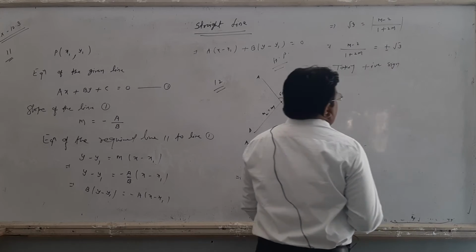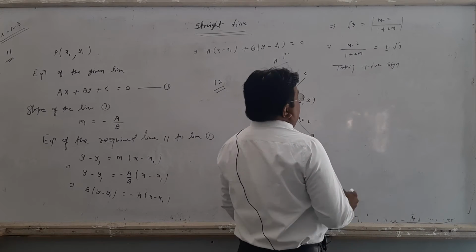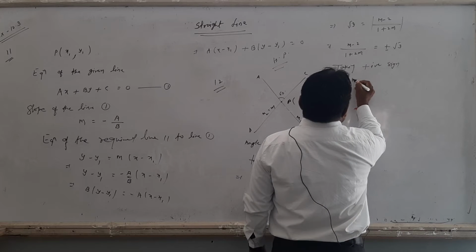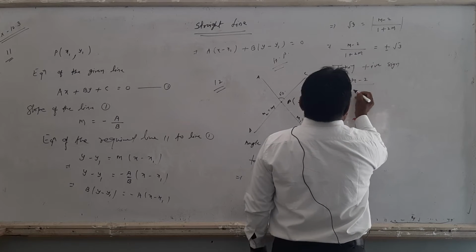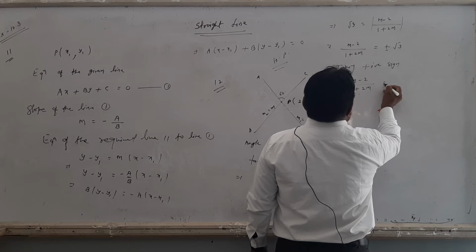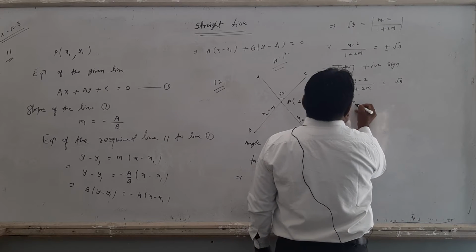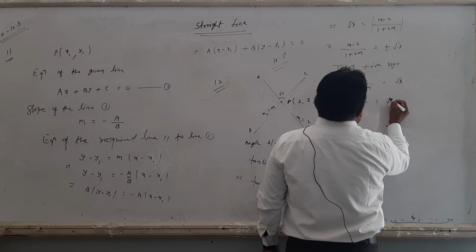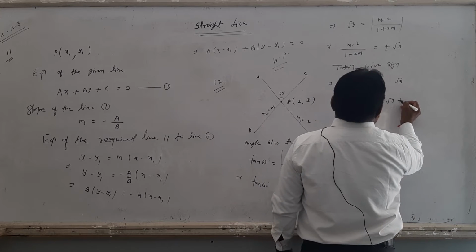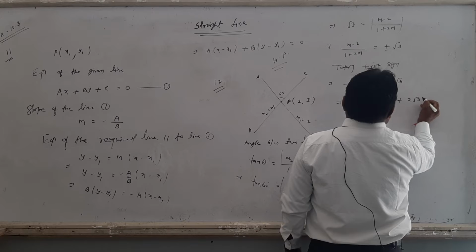One time we take the positive sign and the other time the negative sign, right. So now taking positive, (m minus 2) upon (1 plus 2m) equals root 3. Then cross multiplying, m minus 2 equals root 3 plus 2 root 3 m.